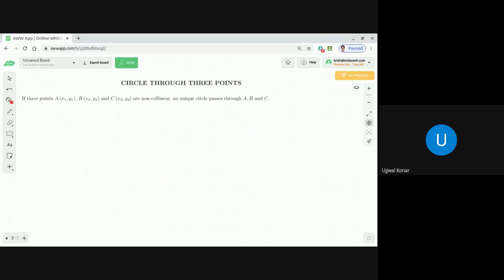And we are going to derive the equation of that unique circle, and for that, we are going to use two methods. The first method I am going to explain to you now, dear students.